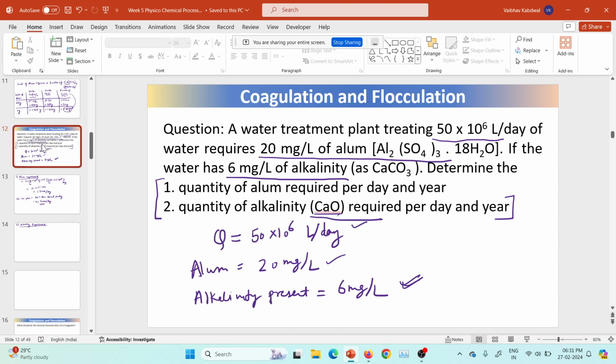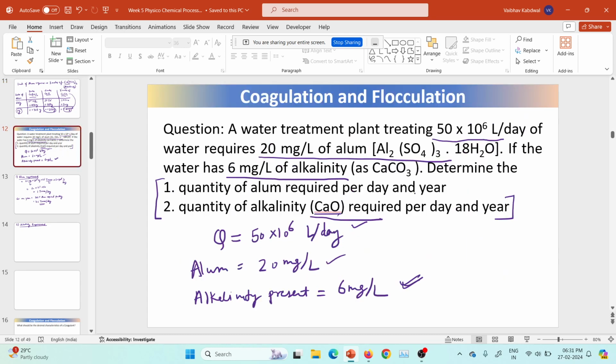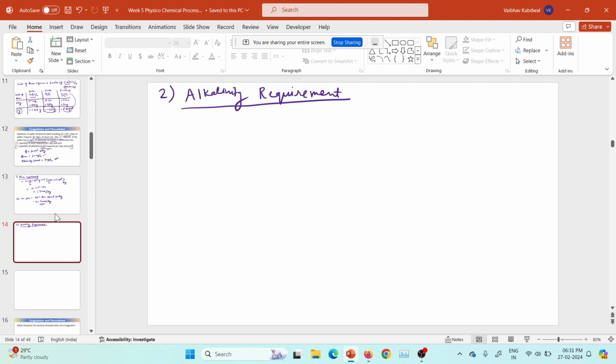We have formulated here that 1 gram of alum requires 0.252 gram of alkalinity in terms of CaO. But in the question, we are given alkalinity in terms of CaCO3 also. So here we will start with CaCO3 only.